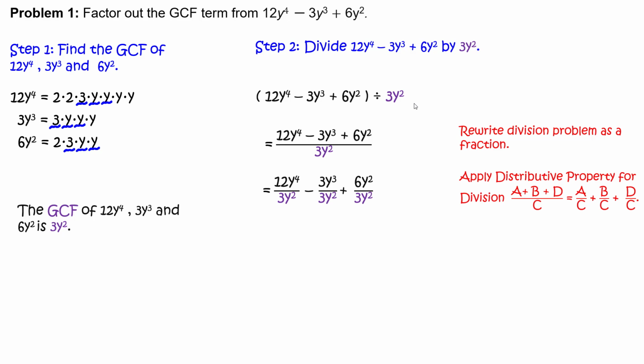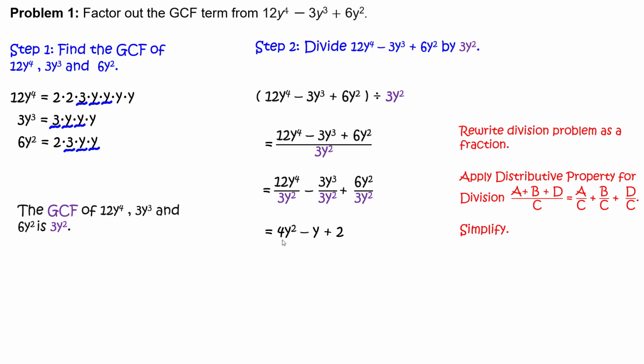Then, again, if you can do this in your head, that's all right. But I'm going to apply the distributive property to write this as a division problem. And I did take extra steps in the last examples, but I think we've done this enough where I can just do a shortcut here to simplify.